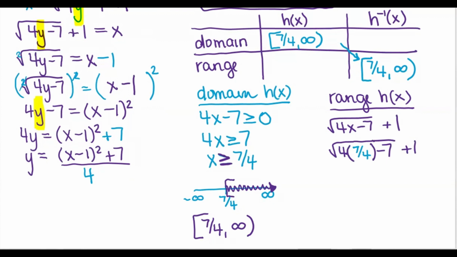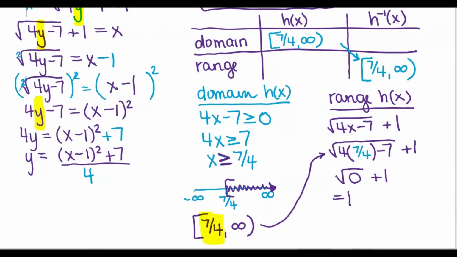This winds up giving us the square root of 0, plus 1. The square root of 0 is 0, which gets us 1. Again, I took our 7/4 from our domain, our starting point, and plugged that in.